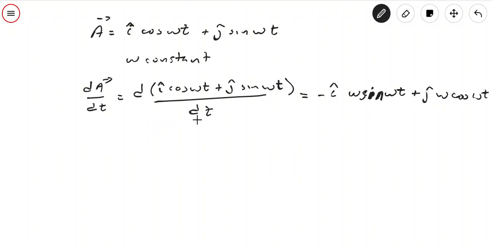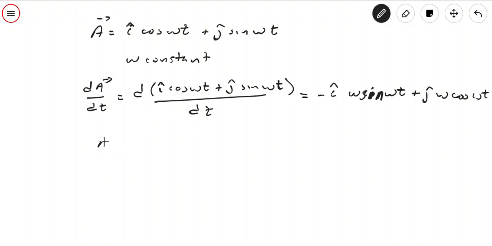So this is my derivative of the vector A: negative i W sine of Wt plus j W cosine of Wt.